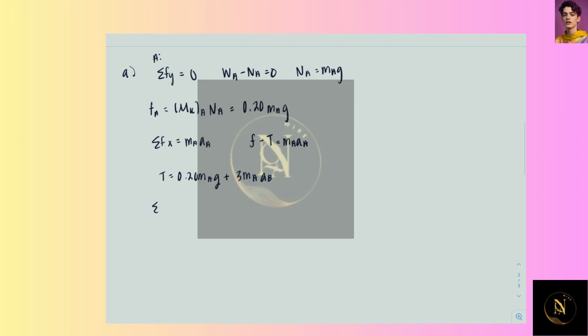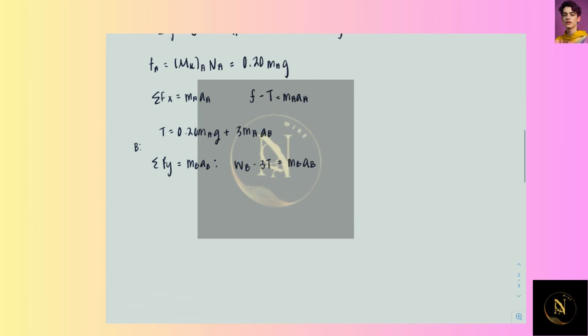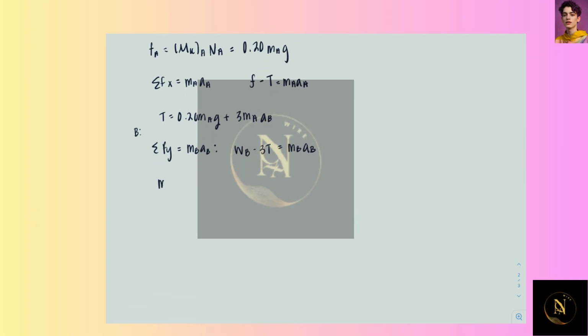And we also know for the y direction in block B. So now we're working on block B. This will give us that the weight of B minus 3T is equal to ma, or this, now we're just plugging in values.